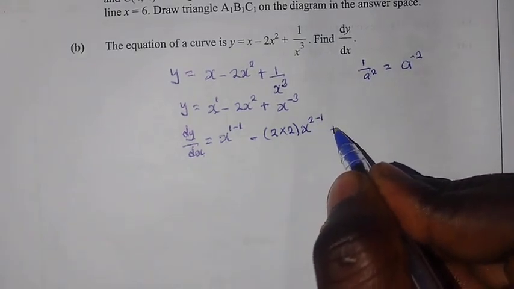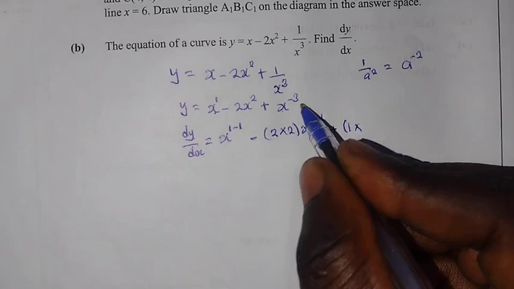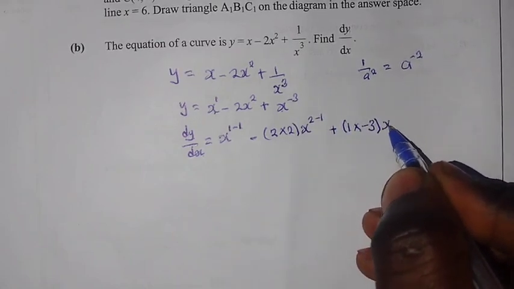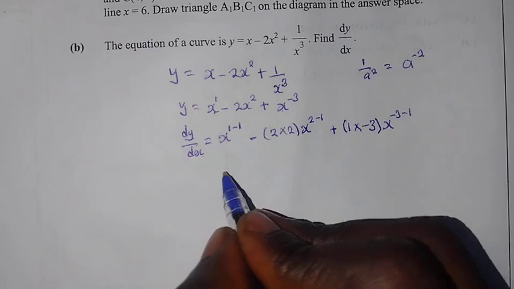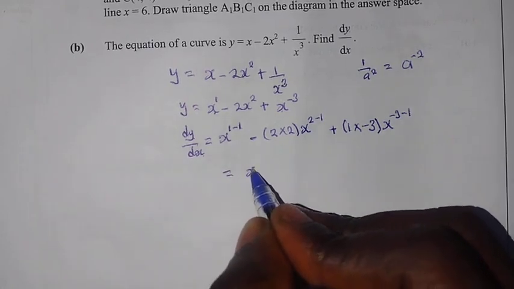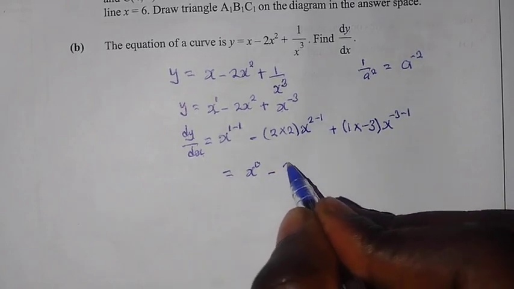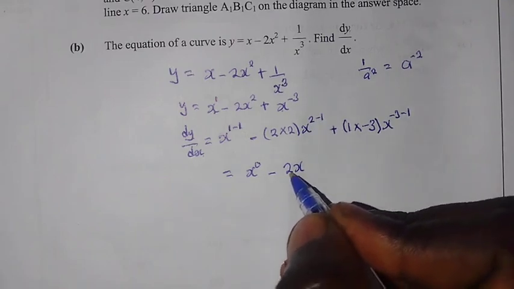Then we can say plus. The coefficient of this x is 1, which will be 1 times the power, which is negative 3. Then we have x power negative 3 minus 1. From here, we get x power 0 because 1 minus 1 is 0. Then minus 2x, because 2 minus 1 is 1, so 2x power 1.